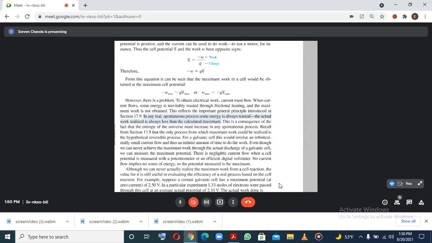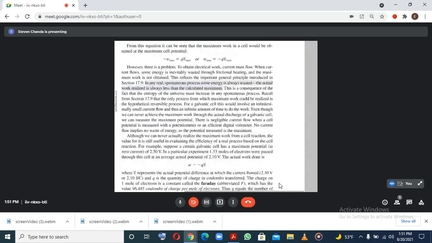Now the work, we know, is going to be minus, for the reason I've explained, over charge. The charge has to be positive, that's the Q there. So really, that's the key thing we have to take note of.